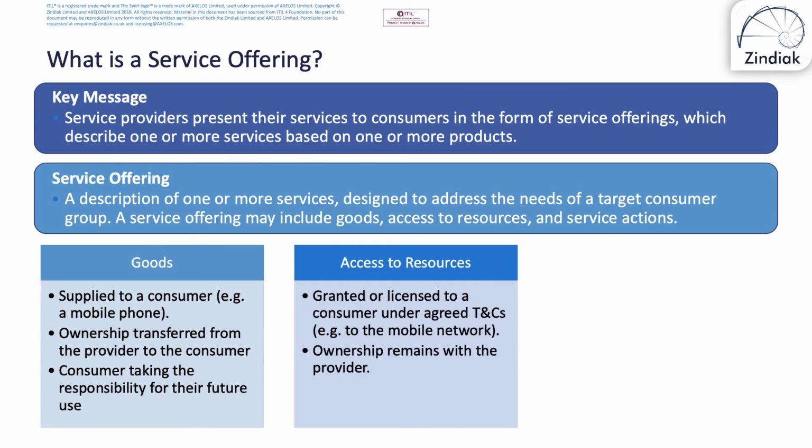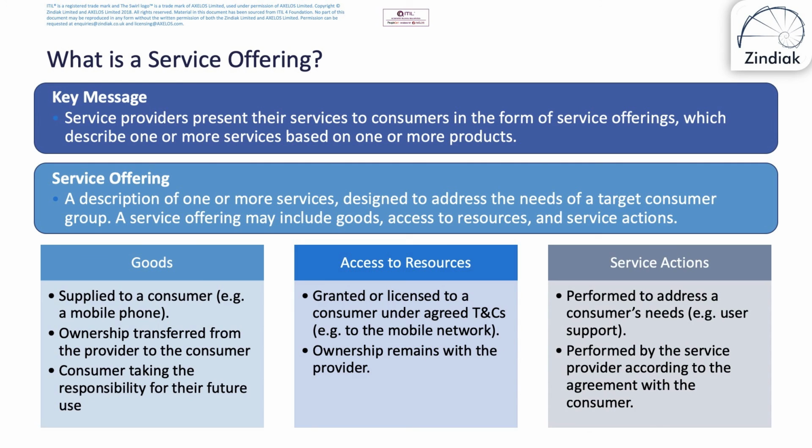The ownership remains with the provider. Service actions are performed to address a consumer's needs, for instance, providing user support. This is performed by the service provider according to the agreement with the consumer.